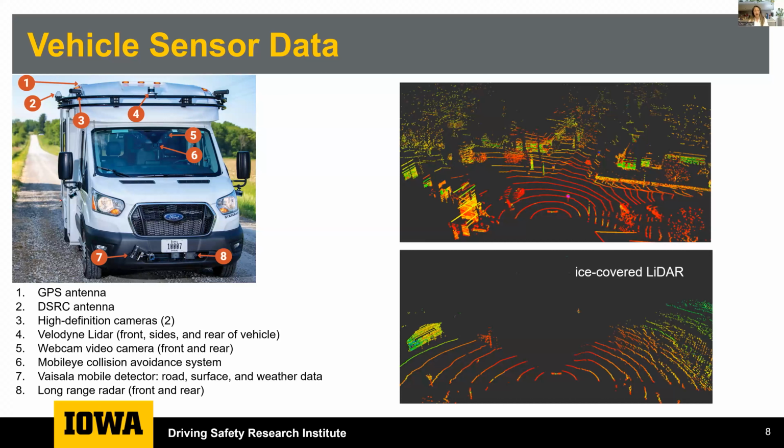Analyzing the capabilities of the automation means understanding the performance of the many sensors that are on the vehicle. These include LiDAR, front and rear radars, a Mobileye collision avoidance system, as well as a Visalis sensor that collects environmental data.